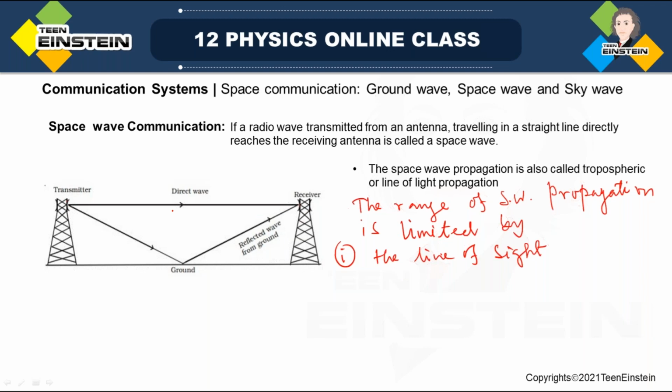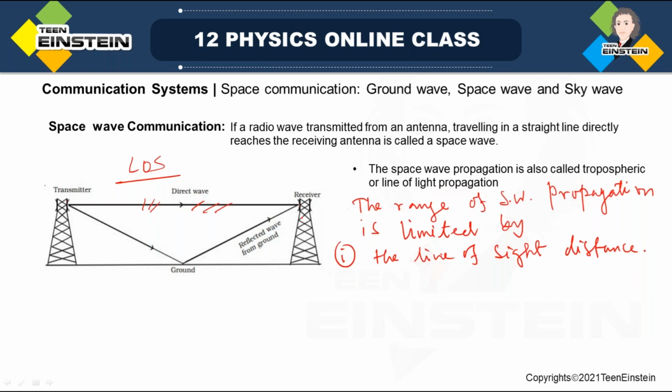This line is called line of sight, in short LOS. So the range of space wave propagation is limited by line of sight distance. So what is line of sight distance? The distance at which the transmitting and receiving antennas can see each other.